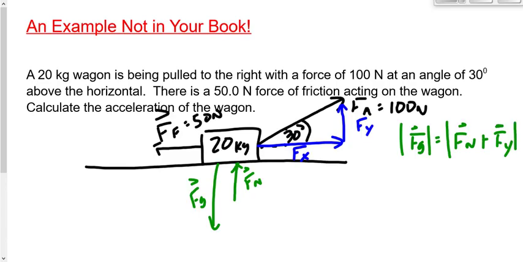Does that make sense? The total downward force is equal to the total upward force. Usually, gravity equals the normal force, but that's not the case here. The normal force is being helped along.